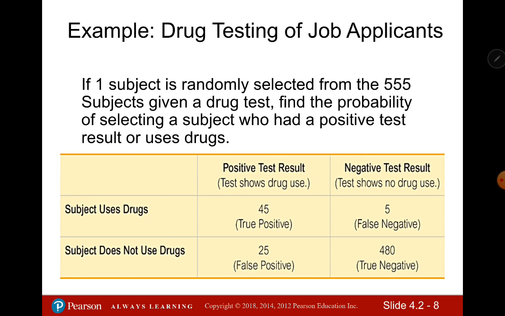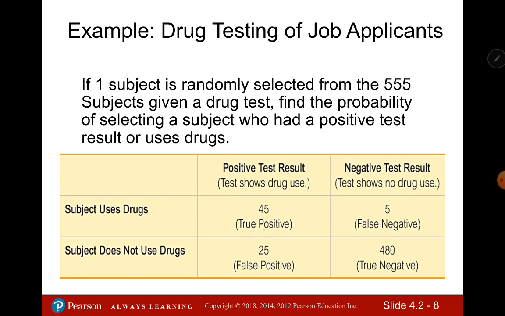So first, let's check the background. It's about a drug test. We have this column for all the positive test results and another column for the negative test results. True positive is 45.